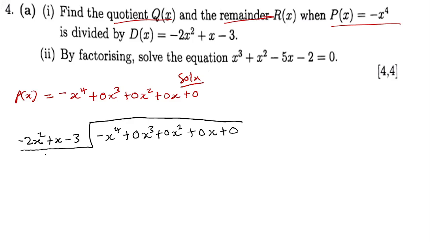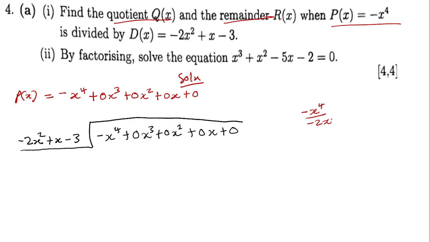Now I need to do what? I need to start doing the division, this into that, that into that, and that into that. So what I can do here, I'll start my division, which was a bit tricky here. So I have negative x to the power 4. I divide throughout by negative 2x squared.